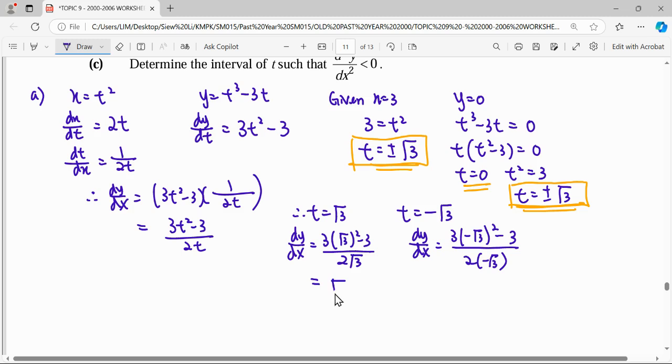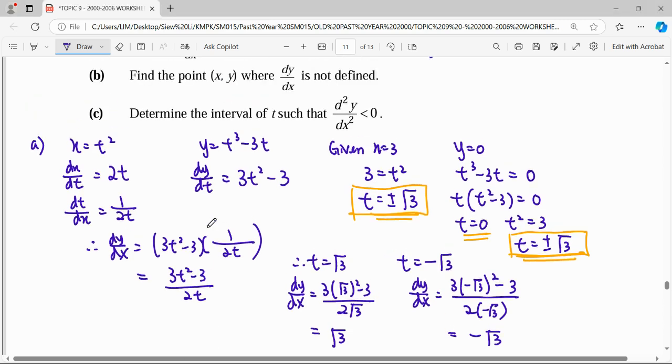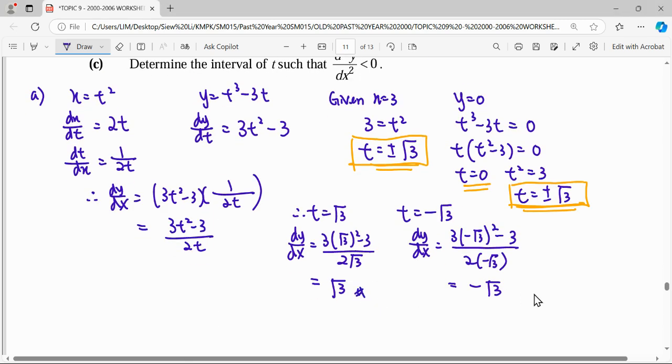So here we have surd 3. This one is negative surd 3. Just press your calculator and see. Then we continue.